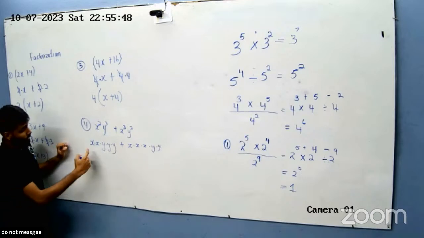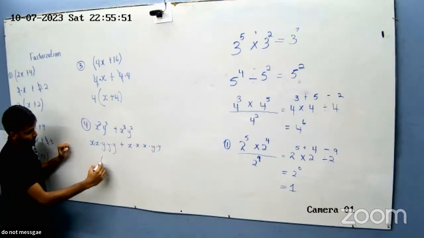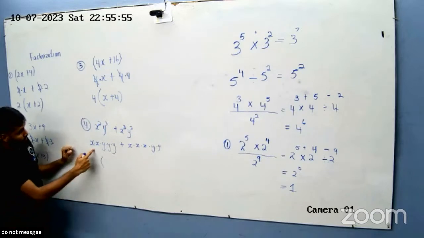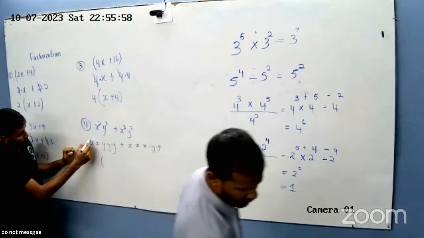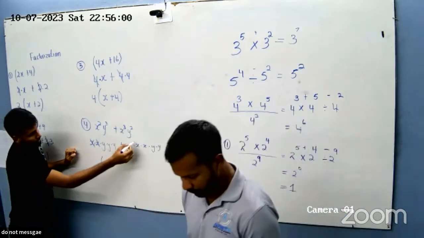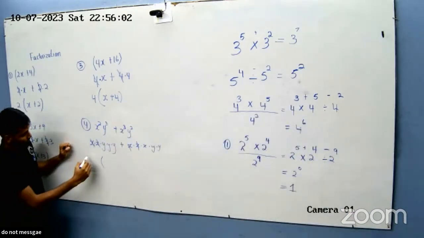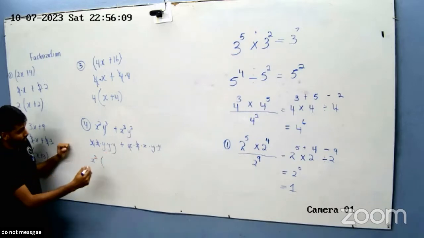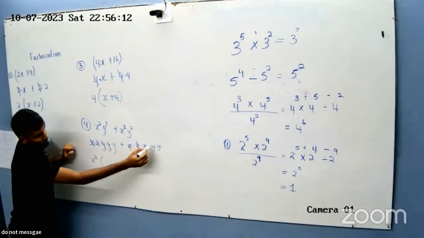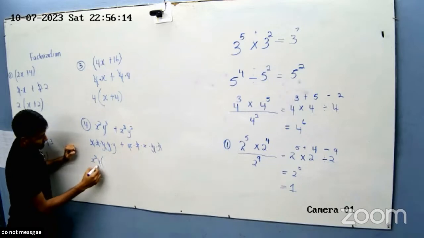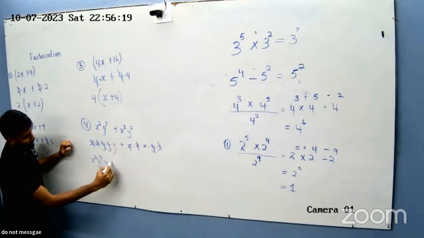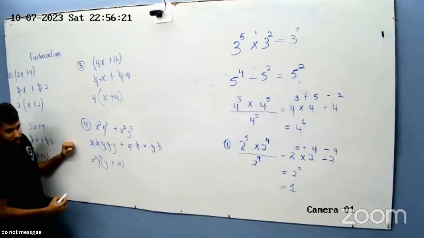So what is common between these? 2 x's, right? 1, 2. 1, 2. What else? We cross out the 2 x's. Any y's common as well? Right. 1, 2. So you remain with y plus x, right?